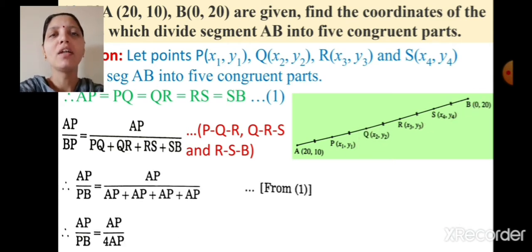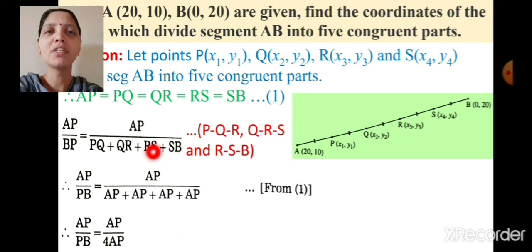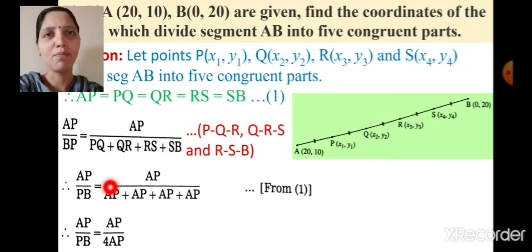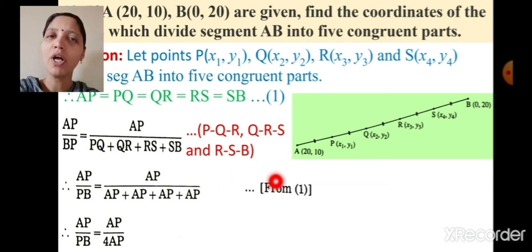Now AP upon PB is equal to, instead of writing all these, we know that AP = PQ = QR = RS = SB. That means all these segments are congruent. So instead of this we can write simply AP, so AP plus AP plus AP plus AP from equation 1.